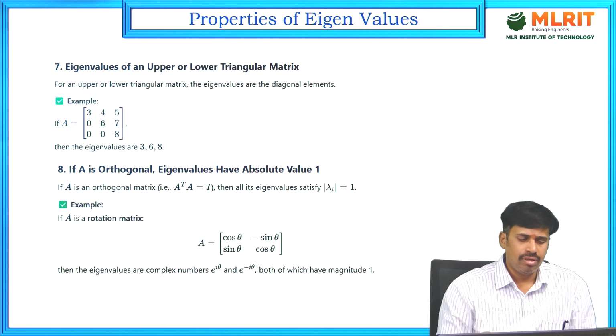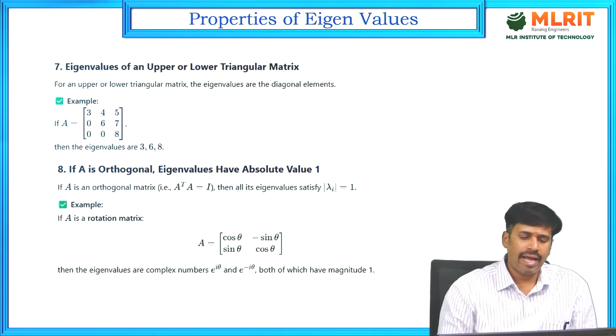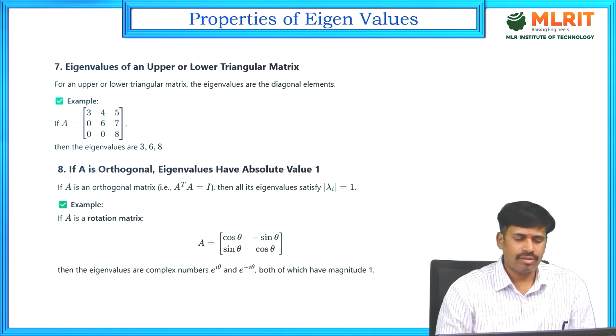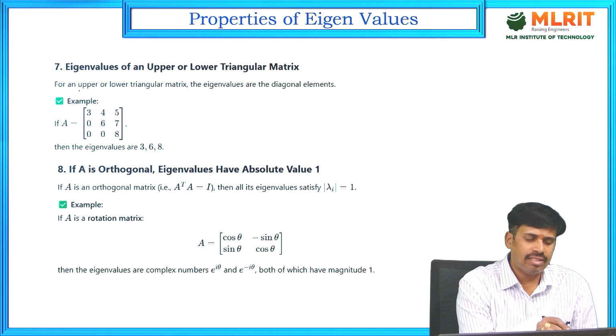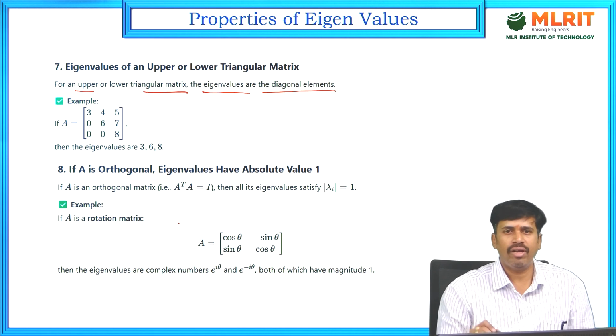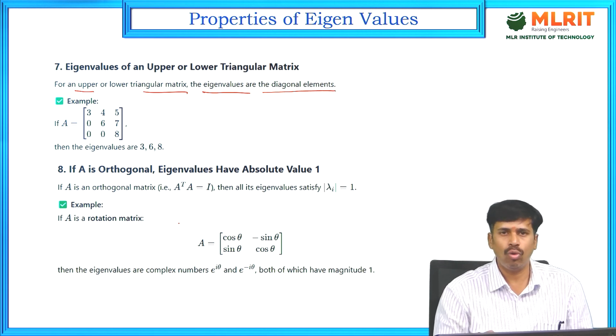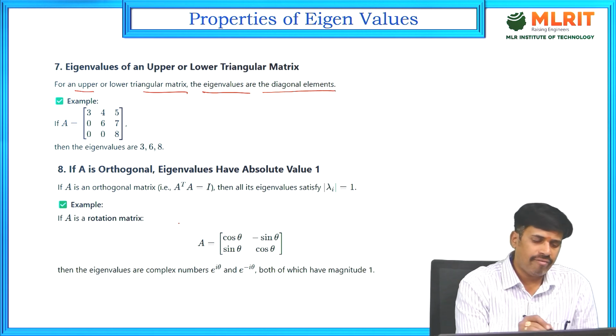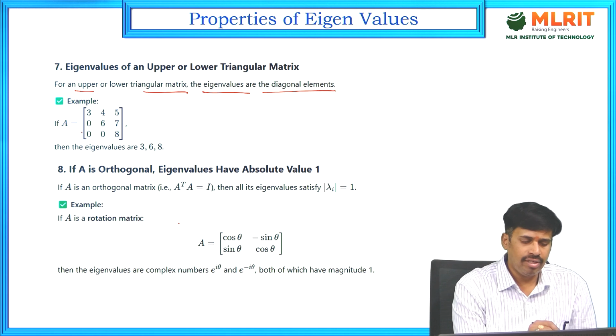Next property, eigenvalues of an upper triangular or lower triangular matrix. For any matrix, whether it is upper triangular or lower triangular, the eigenvalues are the diagonal elements. Not only for a diagonal matrix, but for upper or lower triangular also. Say for example, A equals 3, 4, 5, 0, 6, 7, 0, 0, 8.